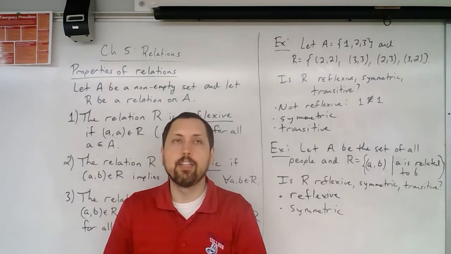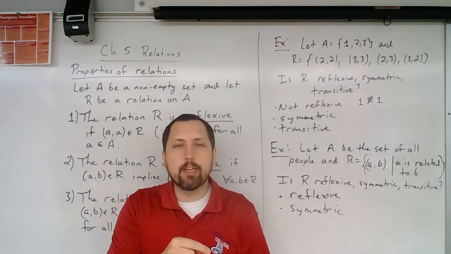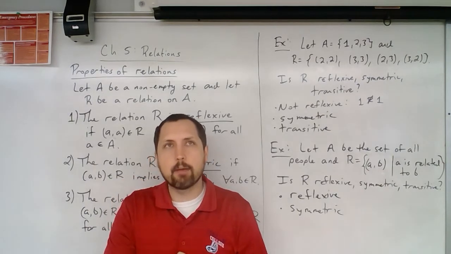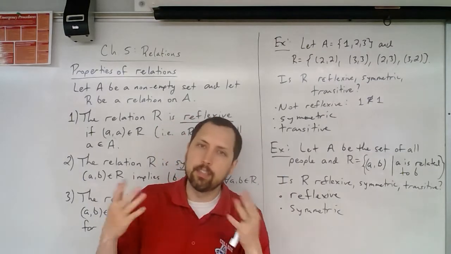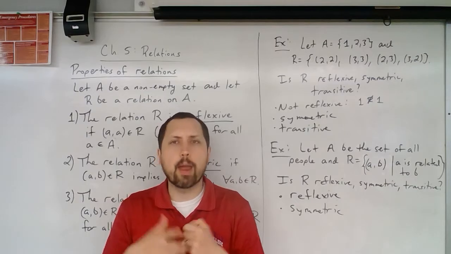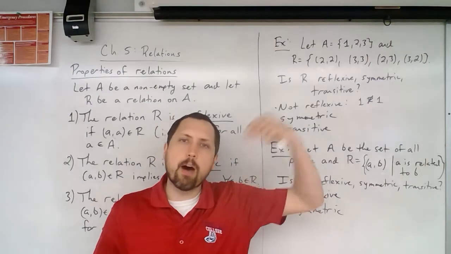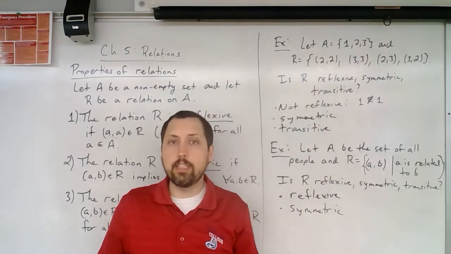Well, yes. Maybe my mom is related to me and I'm related to my sister. Is my mom related to my sister? Well, I don't know, maybe. That one gets a little tricky. What about grandparents? Let's say I'm related to my mom, who is related to my grandma. Am I related to my grandma? Well, yes.